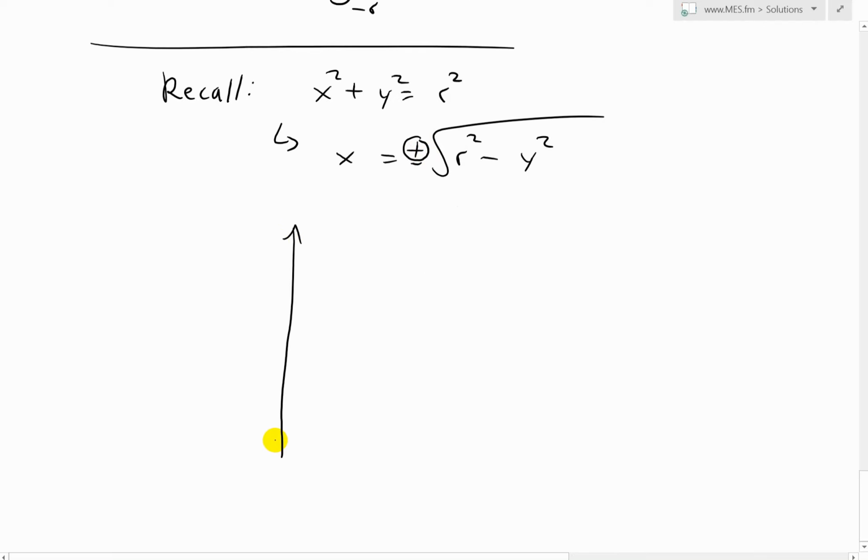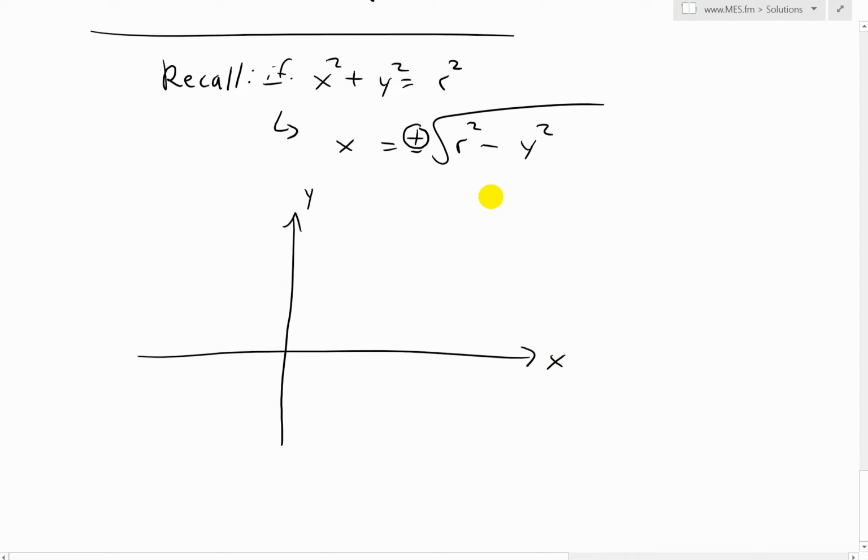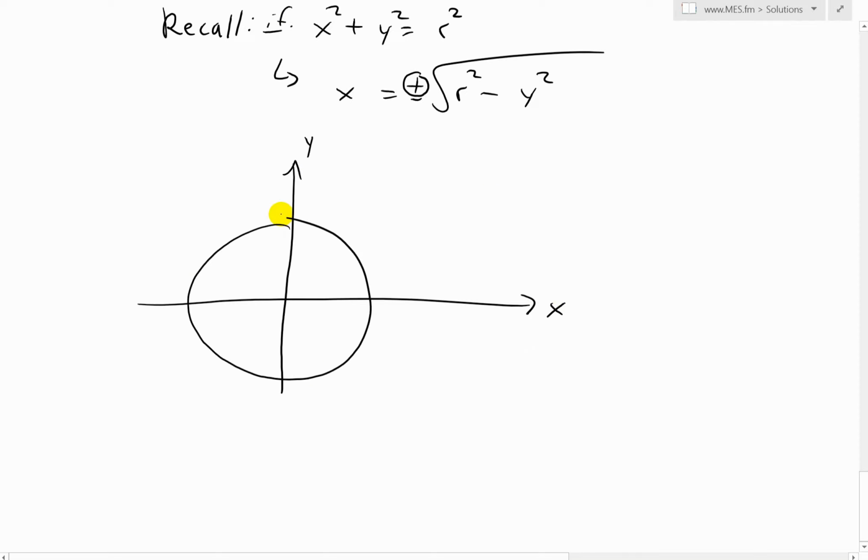So if we have this as x and y, we have a circle at the origin, like that. I'll just draw this one, but this is the positive side only. This is how the circle will look, where the radius is again r, this is negative r, and this is r.